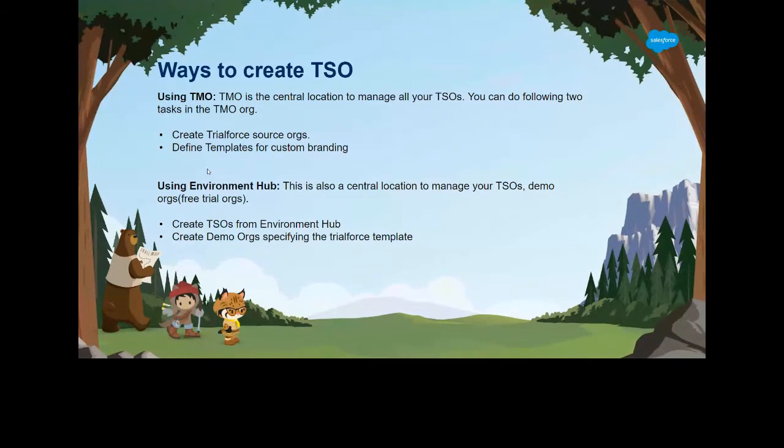In environment hub, we will just simply point and click, which I will show you. It does not require end user interaction, where the end user is exposed to a registration page, logs into the page, fills in the details there, and submits the details to you. And in the backend, Salesforce creates a free trial org and sends an email with the username and the verify account link, like other sign up emails which you receive from Salesforce.